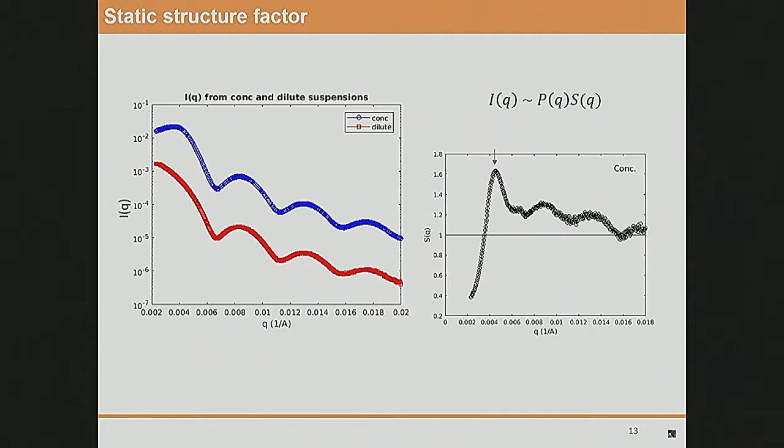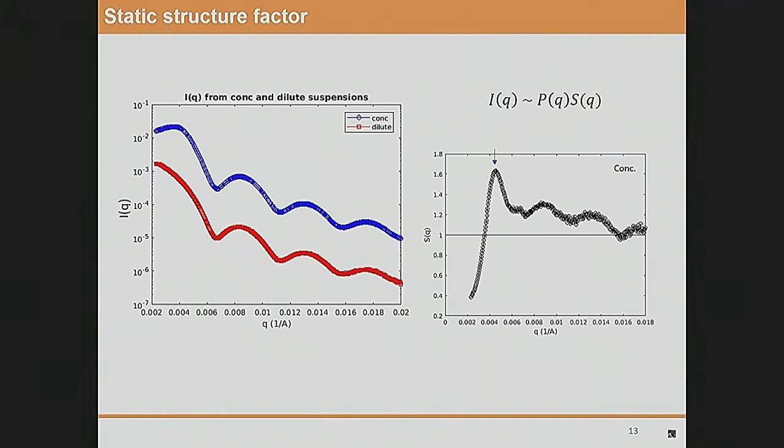As the SAXS group pointed out, the intensity goes as the form factor times the structure factor. For the dilute solution, there are very few interactions, and so the structure factor is essentially 1. But for the concentrated sample, it's not.